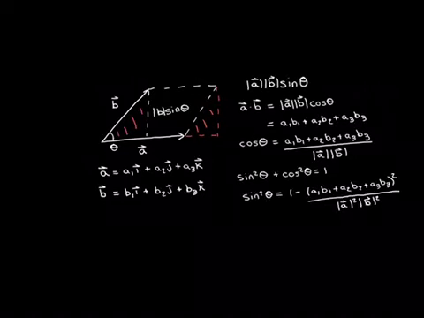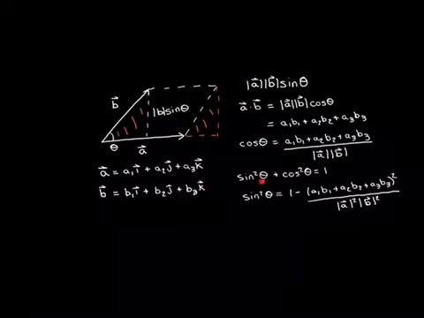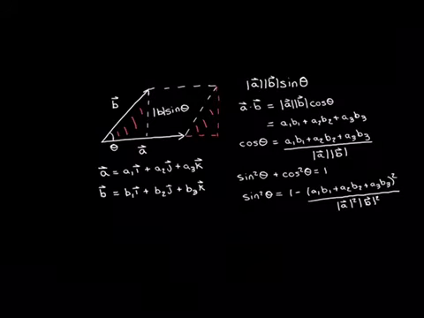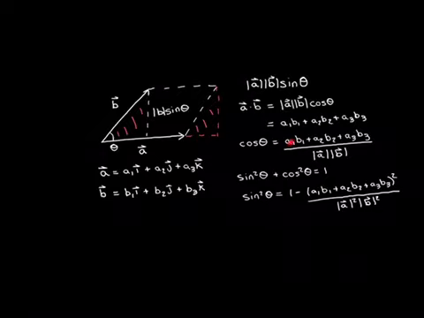So we're now going to use the fact that this trigonometric identity is true, that for any angle theta, sine squared theta plus cos squared theta is equal to 1. Now we know what cos of theta is going to be equal to, so we can now rewrite this as sine squared of theta is equal to 1 minus cos squared of theta, and we can then substitute in for what the value of cos of theta is equal to.